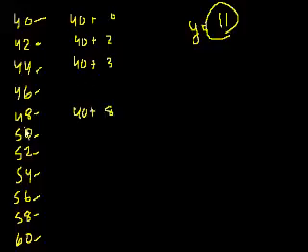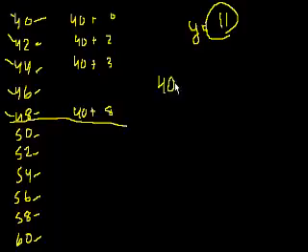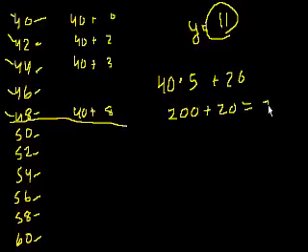There's 1, 2, 3, 4, 5 of them, so it's equal to 40 times 5, plus 2 plus 4 plus 6 plus 8. 2 plus 4 is 6, plus 6 is 12, plus 8 is 20. So 40 times 5 is 200, plus 20 is equal to 220.